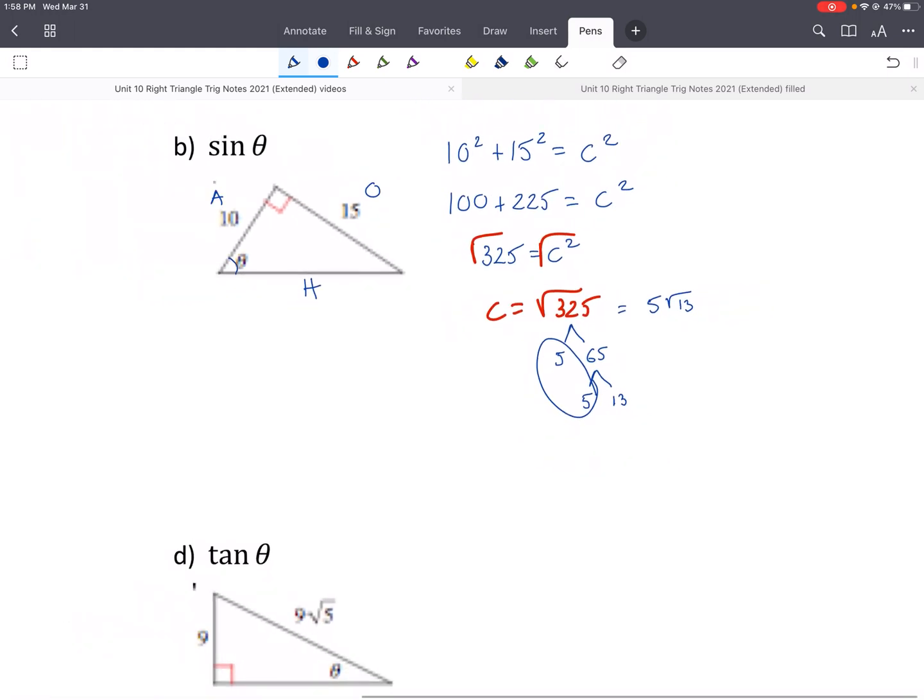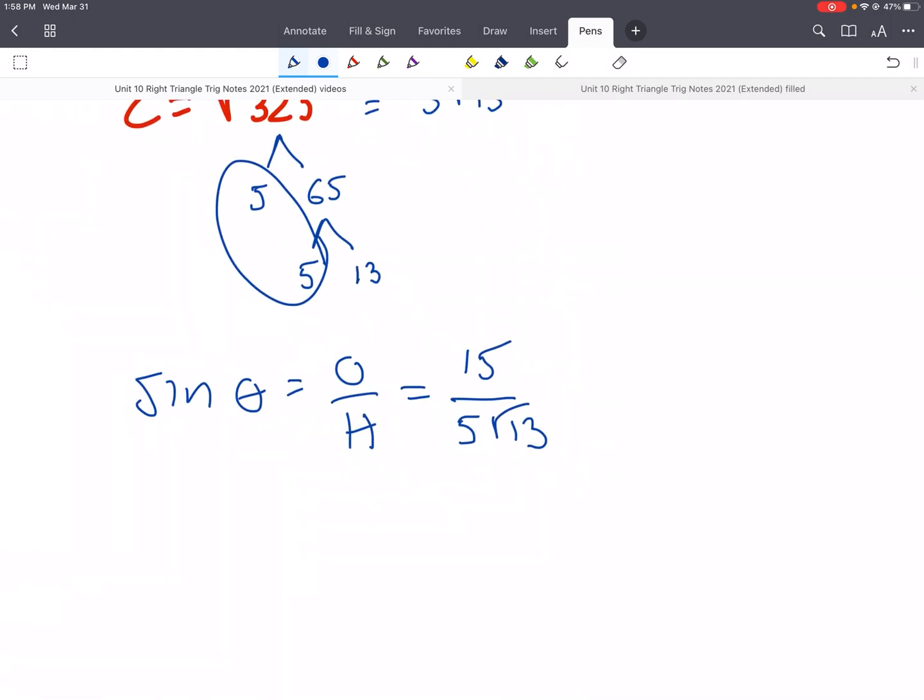All right, so now that's reduced, and we can write down our ratio for sine. So sine of theta is opposite over hypotenuse. So opposite is 15, and the hypotenuse, which we just found, was 5 square roots of 13. And then you notice that we have a root in the bottom, so we need to rationalize it by multiplying it by the square root of 13 over the square root of 13.